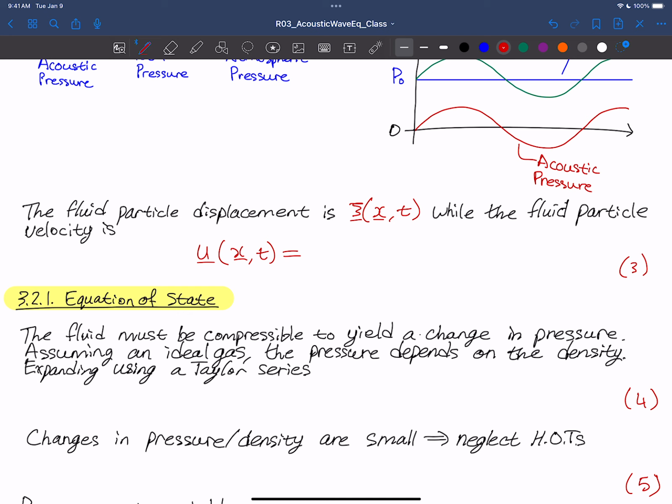This is equal to the partial derivative of the fluid particle displacement with respect to time, or we could write that with the subscript notation that we've been using, so c sub t. And again, because c is a vector.